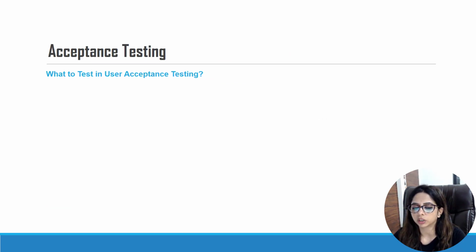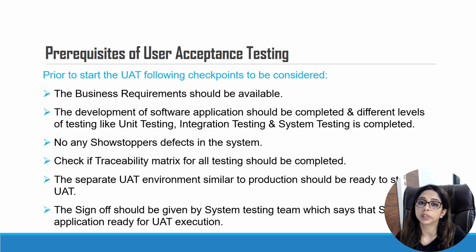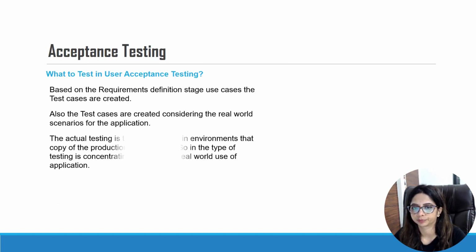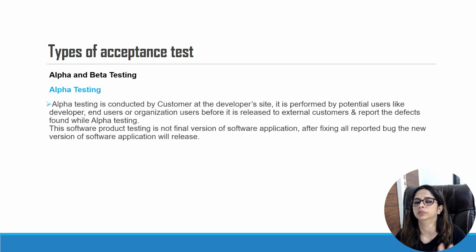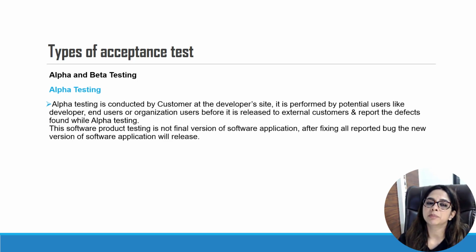Now let's talk about alpha and beta testing, then we'll understand all these terms, who does what. Now there are two types of UAT testing, one is alpha and one is beta. I will just quickly show you this and then we'll go back to that PPT also. Now imagine you are working in Infosys and you are working for Apple, right?